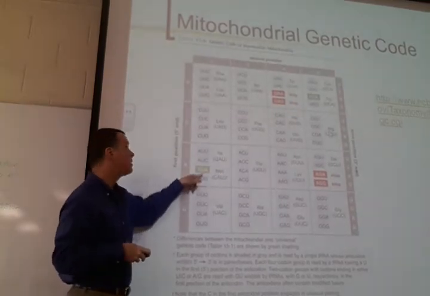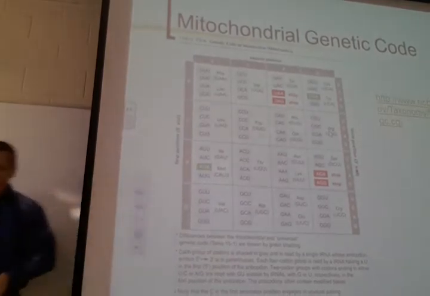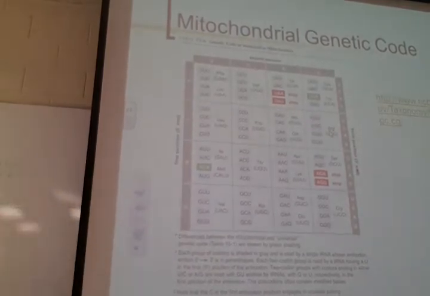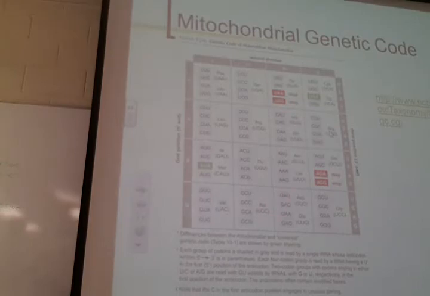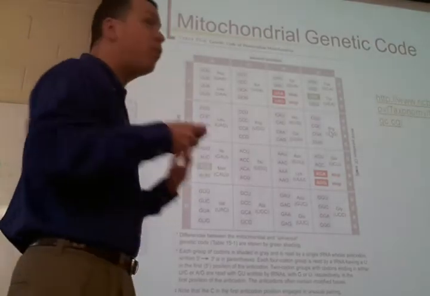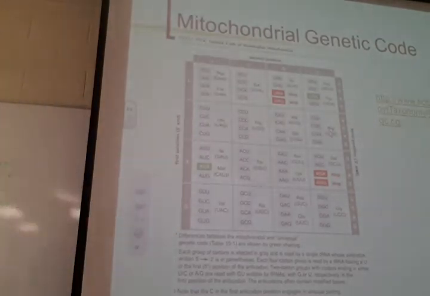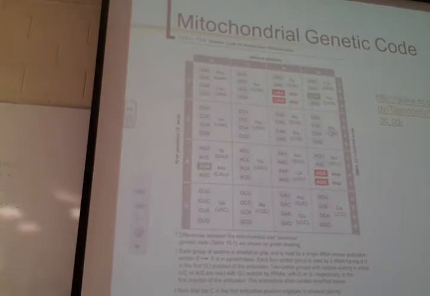AUG is still start, but AUA also codes for methionine as well. I think those are the big differences. So everything else is the same, so it was what? 1, 2, 3, 4 differences. So not too horrendous, but it was no longer absolutely universal. Right? So there were these slight differences. So, I don't know, nearly universal, if you want to modify it to that.